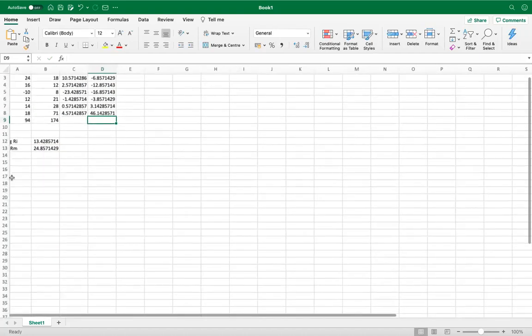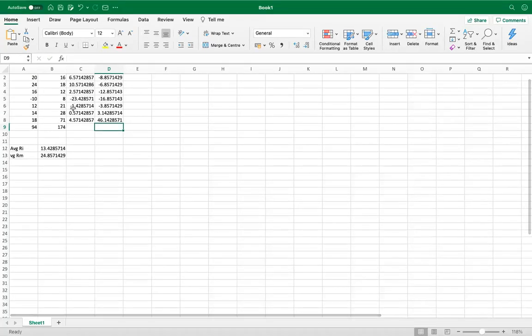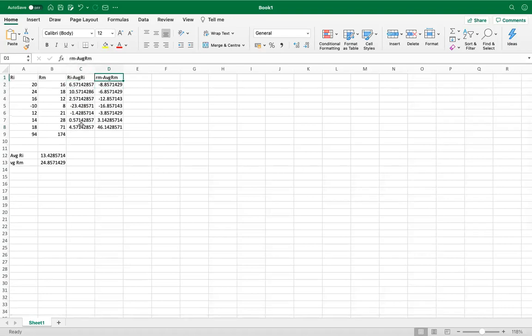Okay. Are you following? So now what is my numerator saying? Summation this into this, correct? Ri minus average Ri into Rm minus average Rm.